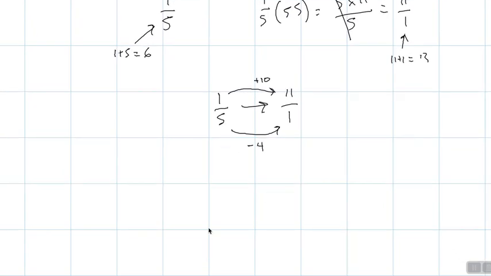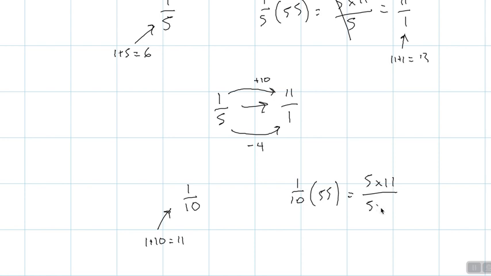Let's see what happens when starting with 1 over 10. 1 plus 10 is 11, and 1 over 10 times 55 is 5 times 11 over 5 times 2. These cancel, and we get 11 over 2. The sum here is 11 plus 2, which is 13. So again, not quite there.